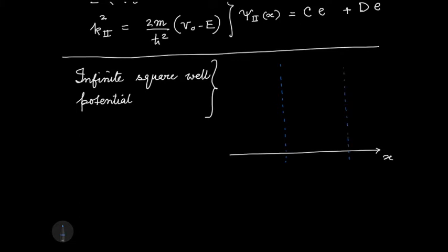As you can see, we said that potential is going to be piecewise constant. So this boundary is defined where the potentials are constant in between. So this is x equals 0 and this is x equals L. Now it is immaterial whether I call this x equals 0. I could have called this x equals 5 and this x equals 5 plus L also, or x equals minus L by 2 and x equals plus L by 2 also.